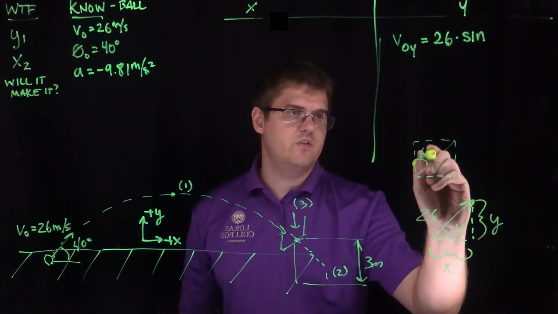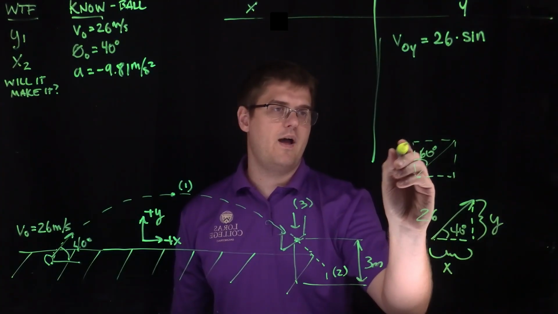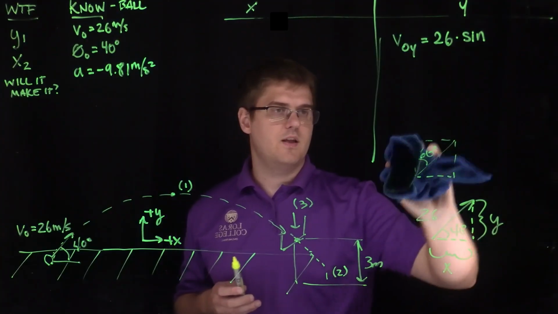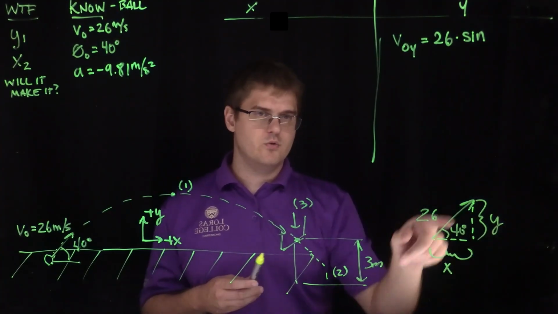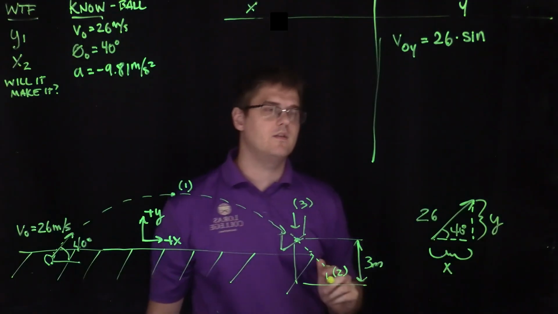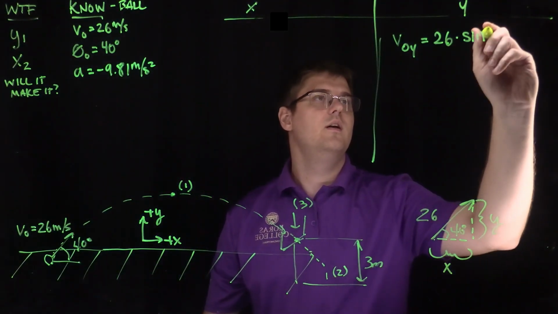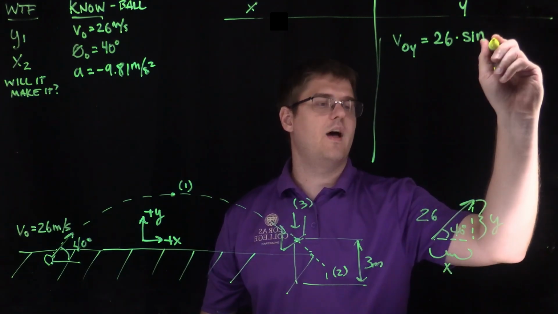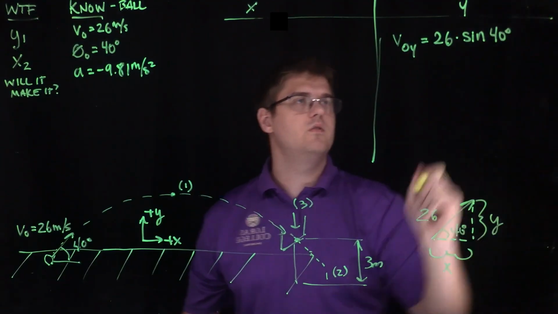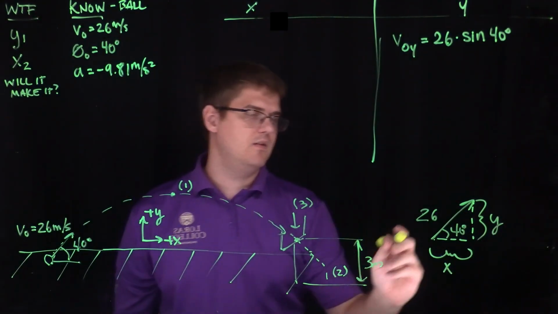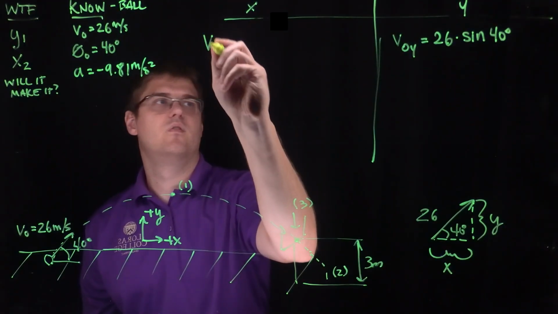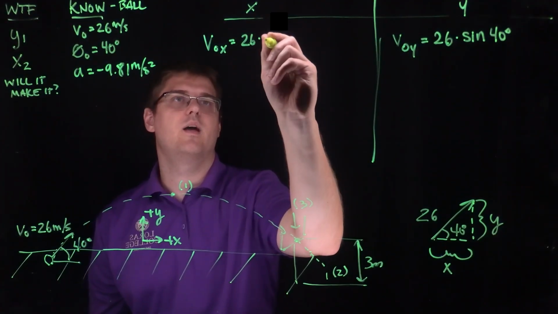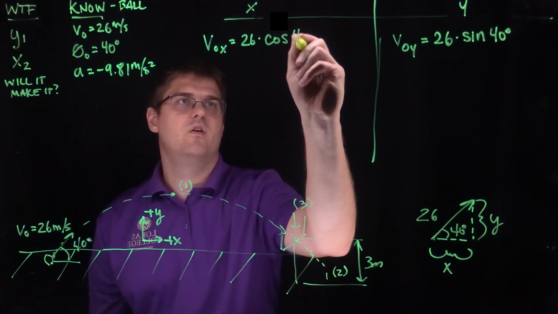If I said this angle was 60 degrees, then my y is going to be cosine, my x is going to be sine. I think that is something that commonly happens. People don't draw out the triangles and they just assume that y is always sine, x is always cosine. That will not always work for you. So y is opposite, so sine 40 degrees. And that means that velocity in the x initial is going to be 26 times cosine of 40 degrees.